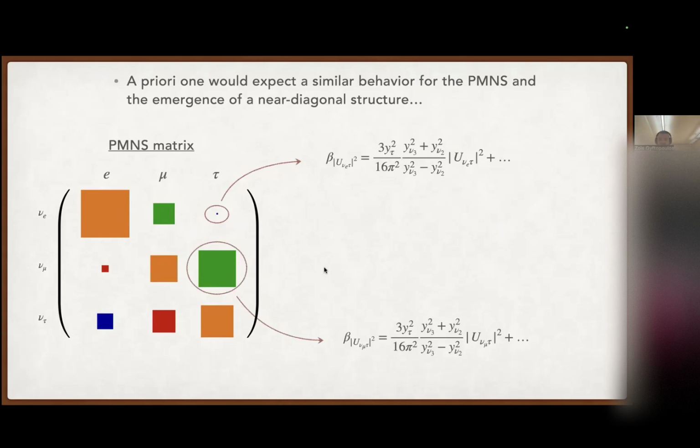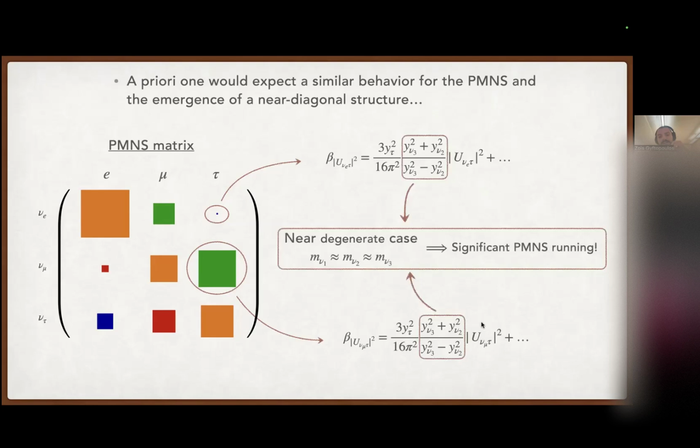And the main thing here is that if you have a flow that leads to big neutrino Yukawa couplings, then this combination can become really large, so the critical exponents will become really large, and the PMNS might start running. And this would correspond to the near degenerate case, which will lead to the PMNS running.